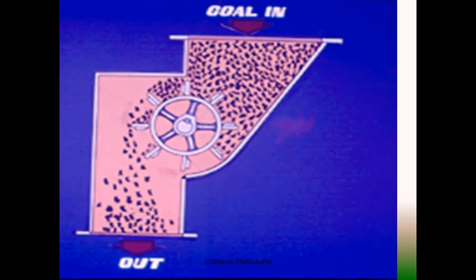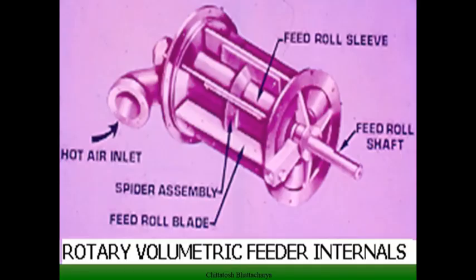The sprocket is attached with a chain, and then this chain is attached to another driving sprocket attached to a PIV gearbox and a Redicon gearbox that is attached through a shaft to the motor. So this way we are having the feeding of coal through a rotary volumetric feeder.